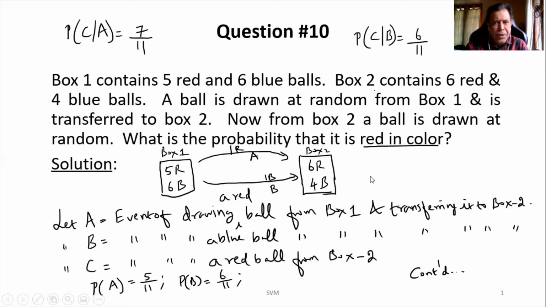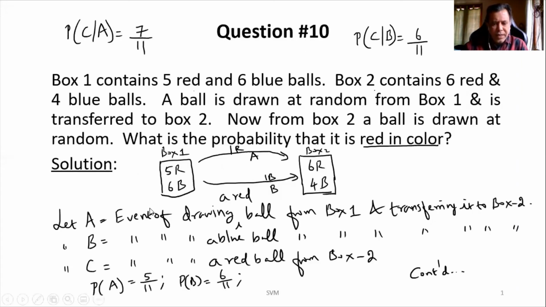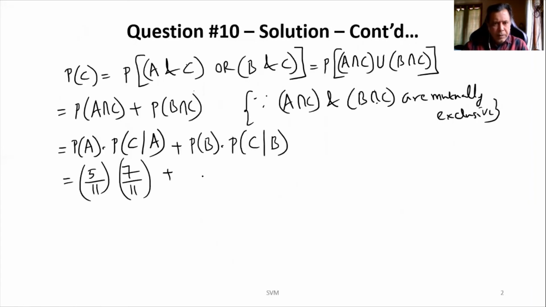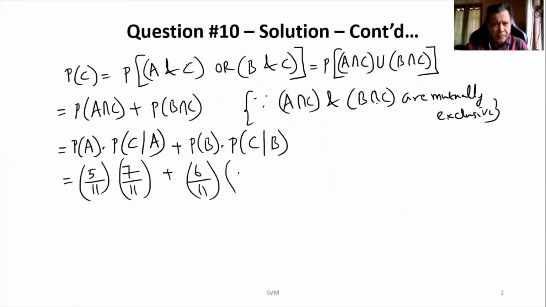So let us substitute the values. C given A is 7 by 11. And what is probability of B? Already we wrote, it is 6 by 11. What is probability of C given B? We just now calculated 6 by 11. So again 6 by 11 here. Now we evaluate this.